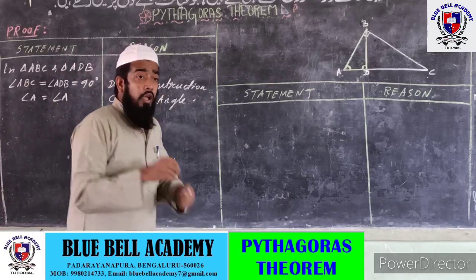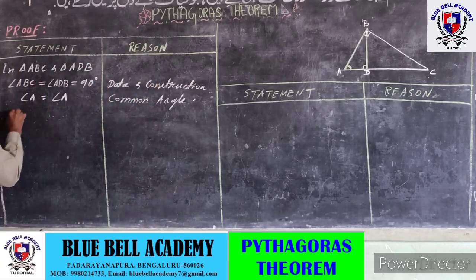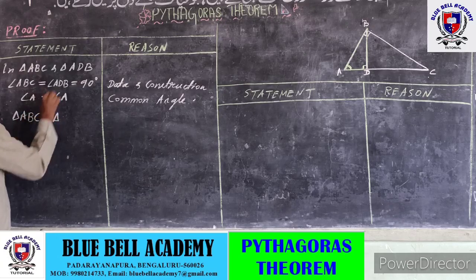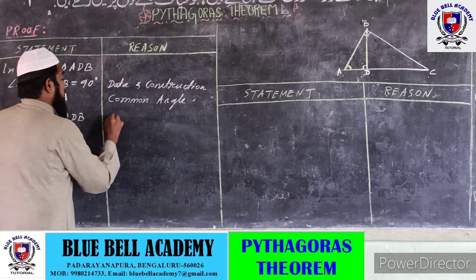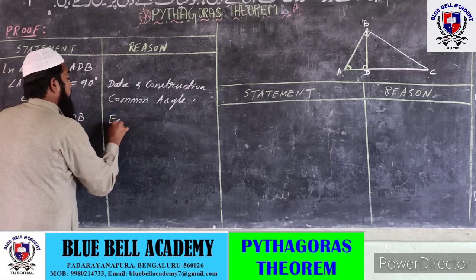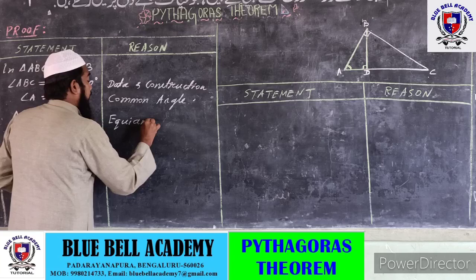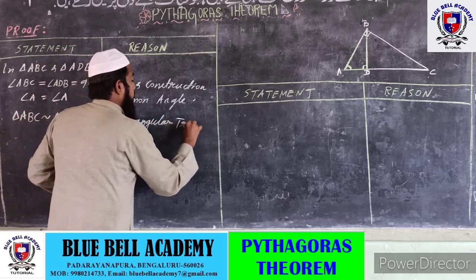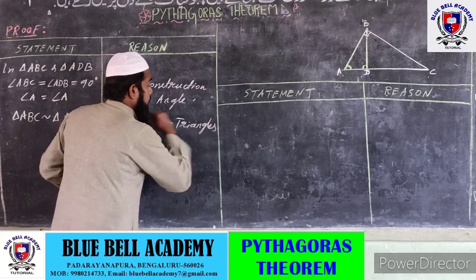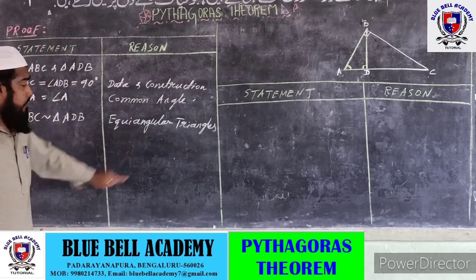No need of writing that. We can say now triangle ABC is similar to triangle ADB. This is because both the triangles are equiangular. Got it? Understood, all of you?